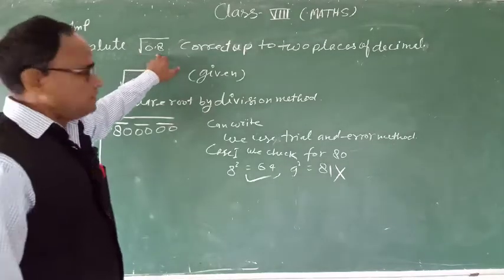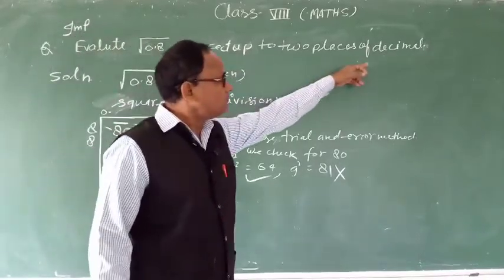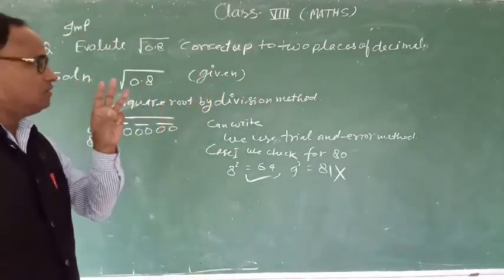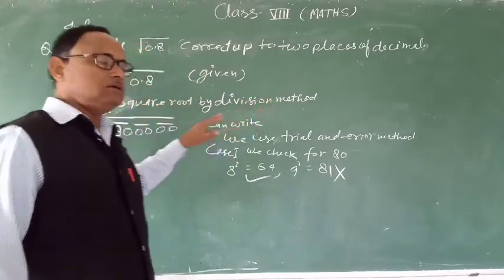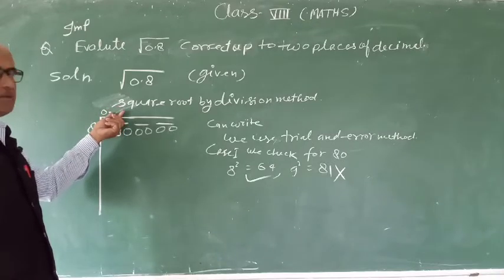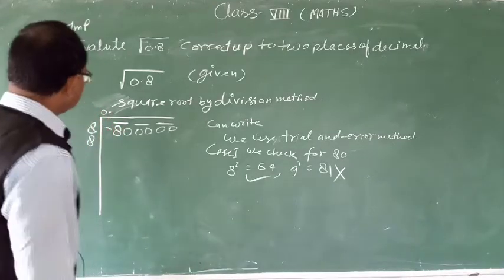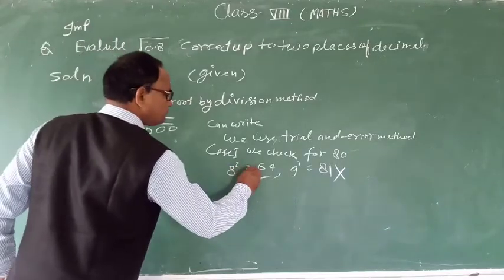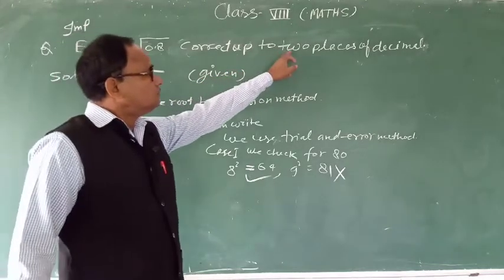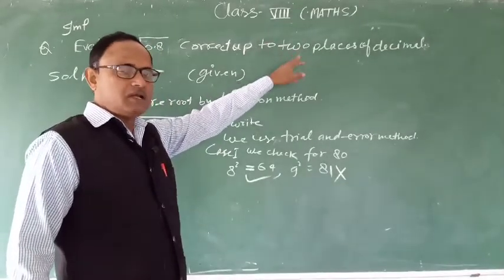You know that if this type of question asks correct up to 2 places of decimal, then we determine the value of 3 digits after the point. If it asks 3 places, then we determine 4 digits after decimal.